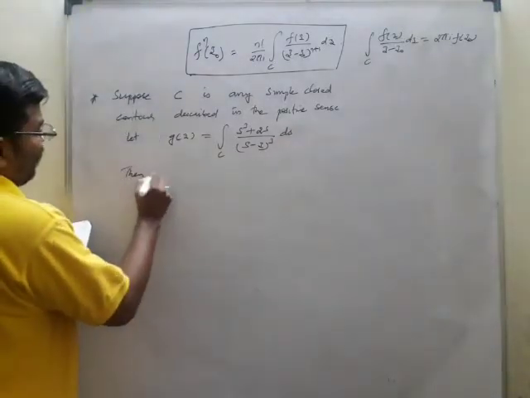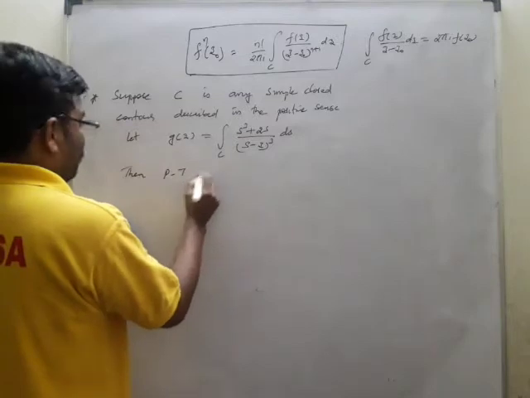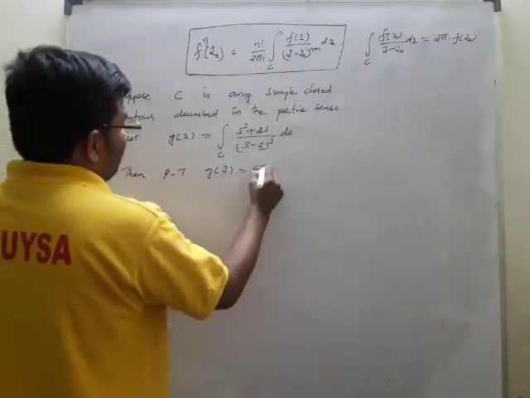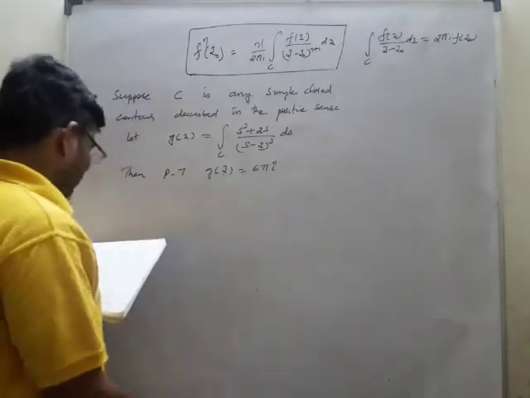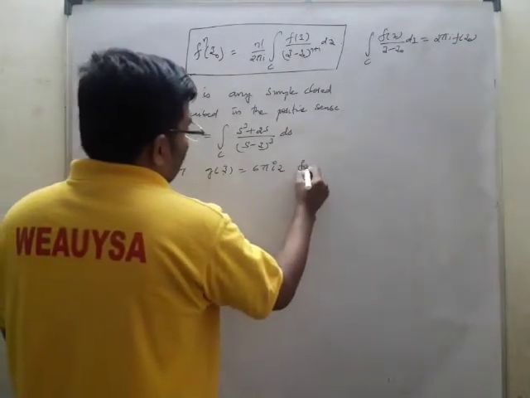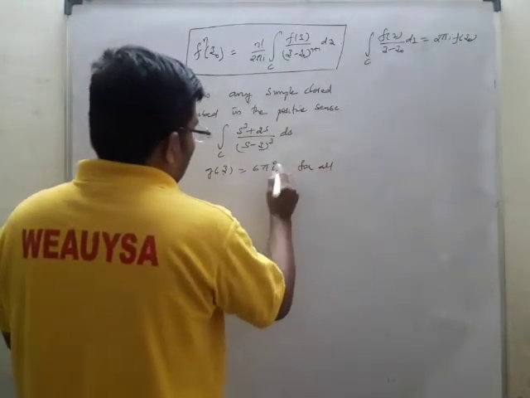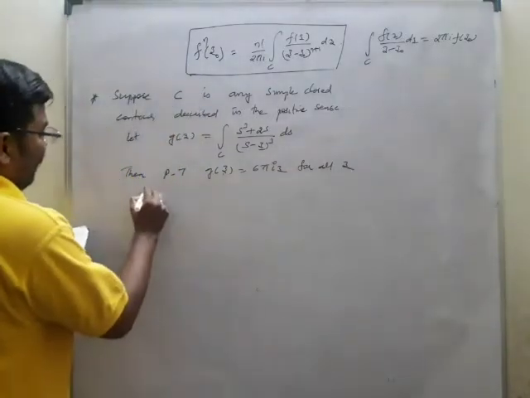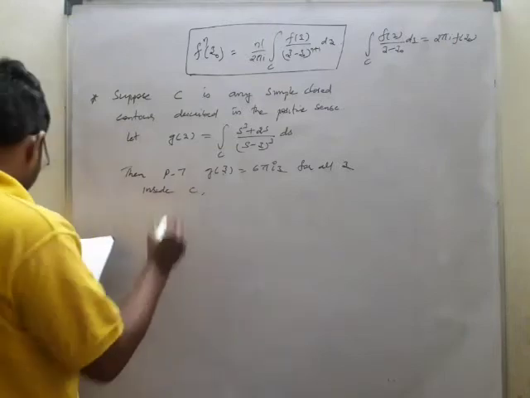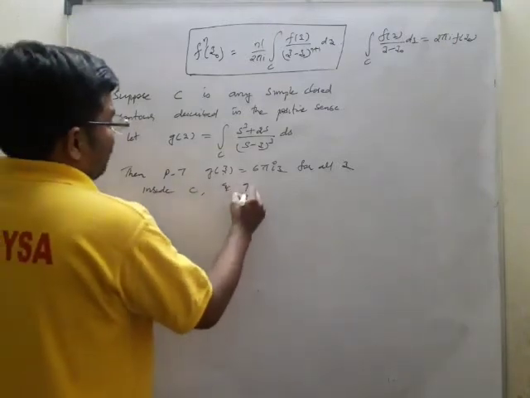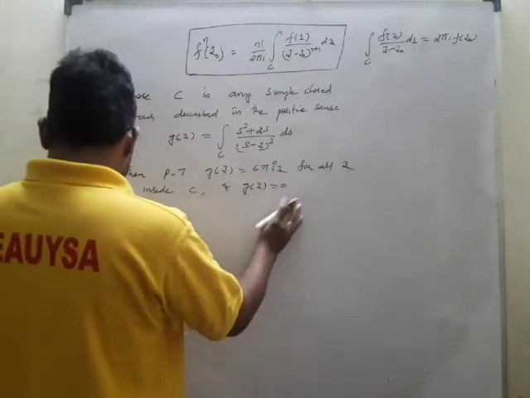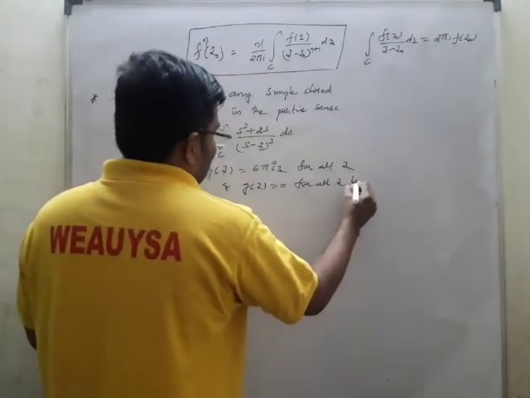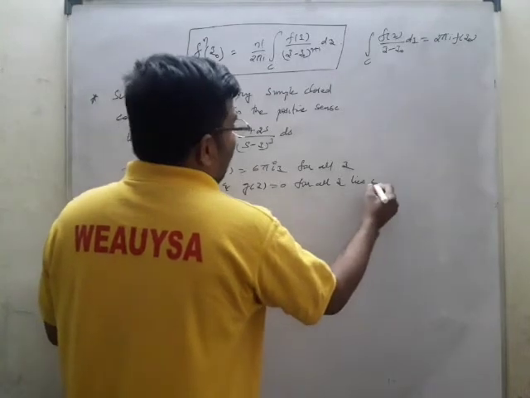Then we need to prove that g of z is equal to 6 pi i z for all z inside C, and g of z is equal to 0 for all z that lies outside C.